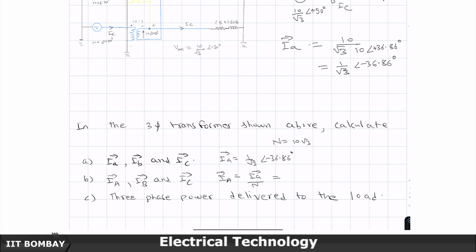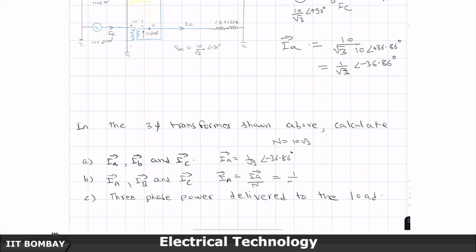So N is 10 root 3. So therefore 1 by root 3 is the current, and then 1 by 10 root 3 will come here. So root 3 will multiply, become 3 times 10, so 30.